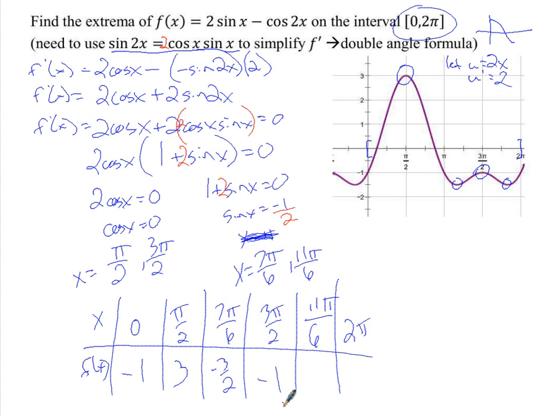Don't cheat by looking at the graph. So 11 pi over 3 is the same as, if you go around, 2 pi over 3. So cosine 2 pi over 3 is what? Negative 1/2. Negative 1/2 becomes positive 1/2. And what did you get from the first term? The first term was a long time ago. Negative 1. So is that negative 1 minus 1/2 or negative 1 plus 1/2?